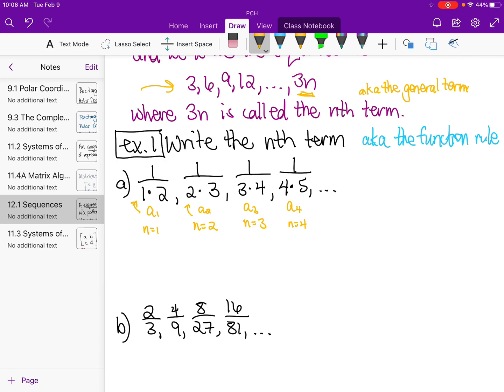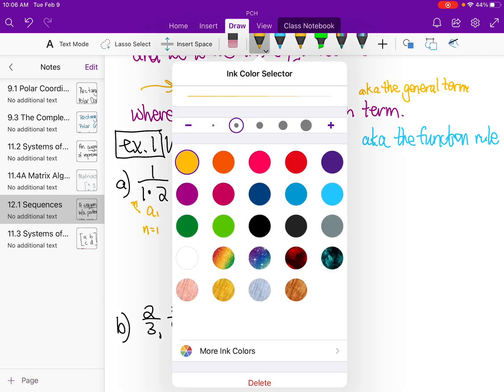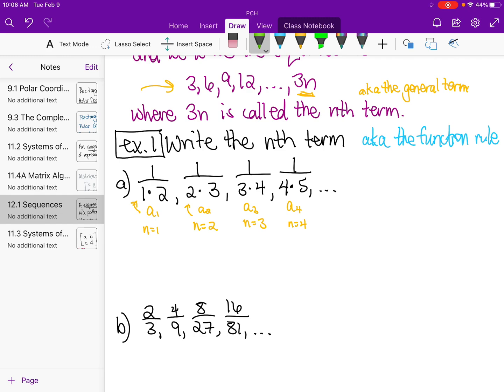So start piece by piece. They all have a numerator, a first factor of the denominator, and a second factor of the denominator. So ask yourself, what do you notice about the numerator? Hopefully you said the numerator is always 1. That's easy. Every single fraction, the numerator is always 1. Then look at the denominator and the first factor.